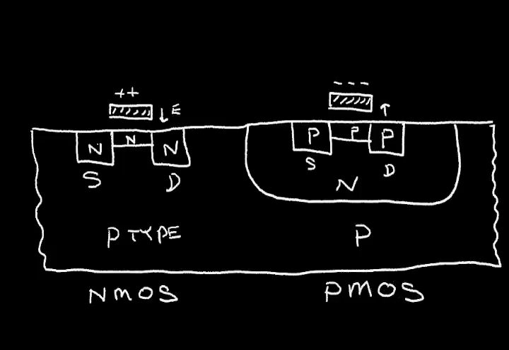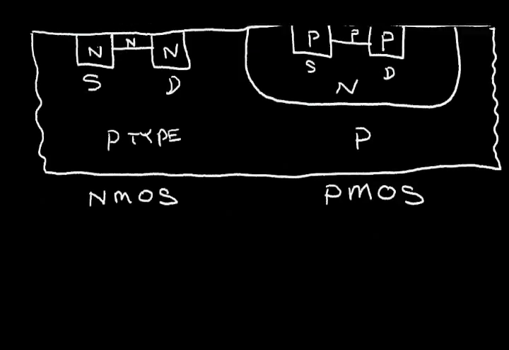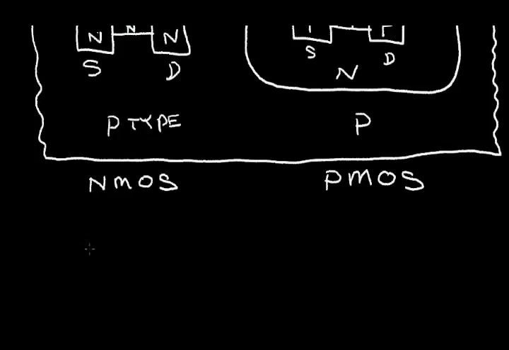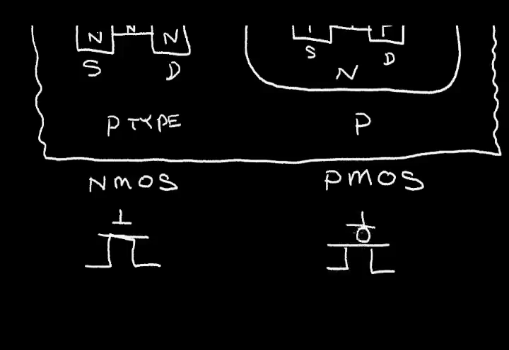So let me scroll down here a little bit. And the symbol again for the NMOS transistor is this, and the symbol for the PMOS transistor is similar, but with a little bubble at the gate. So if this is a source, drain, that corresponds to this source, this drain.